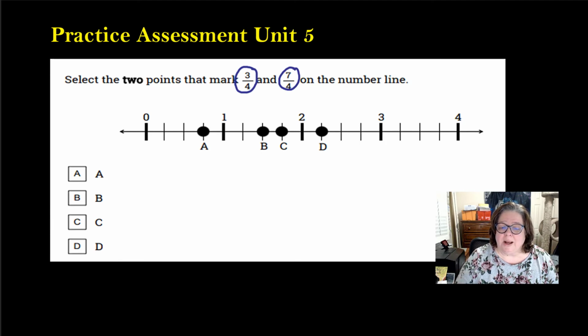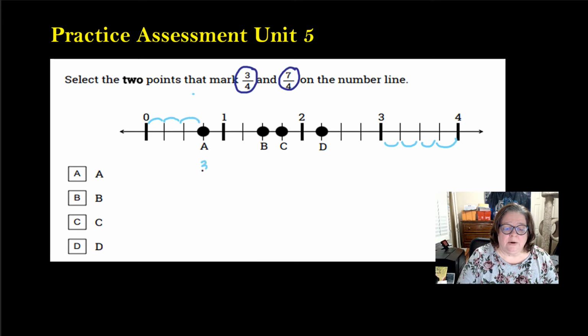Let's start by labeling the number line. That's going to help us. So notice that these are all divided into 4ths. I'll just show you on this one. 1, 2, 3, 4. They're all divided into 4 equal pieces. So let's see what A would be. 1/4, 2/4, 3/4.